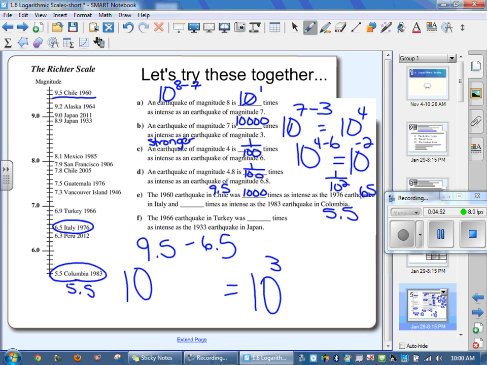Now, how much is the Chilean compared to the Colombian? You're not comparing Chilean to the Italian, then Italian to the Colombian. You're comparing the Italy one and the Colombia one, both, to the one in Chile. So the next one, we're going to go 10 exponent 9.5, subtract 5.5. Well, that's going to give us 10 exponent what? 4. Good. So it's 10,000 times as intense.